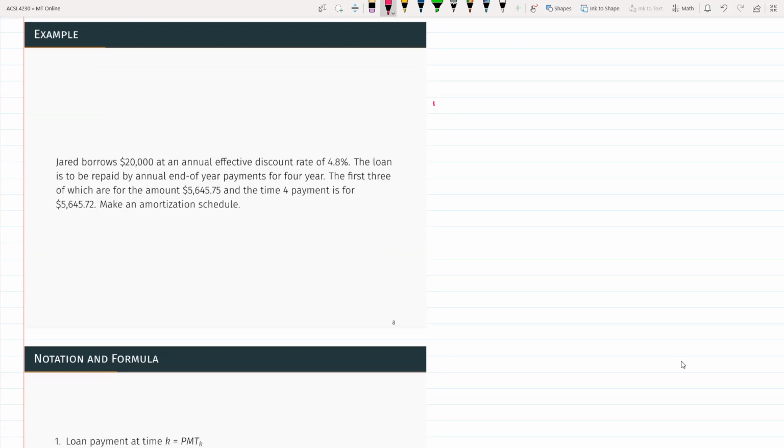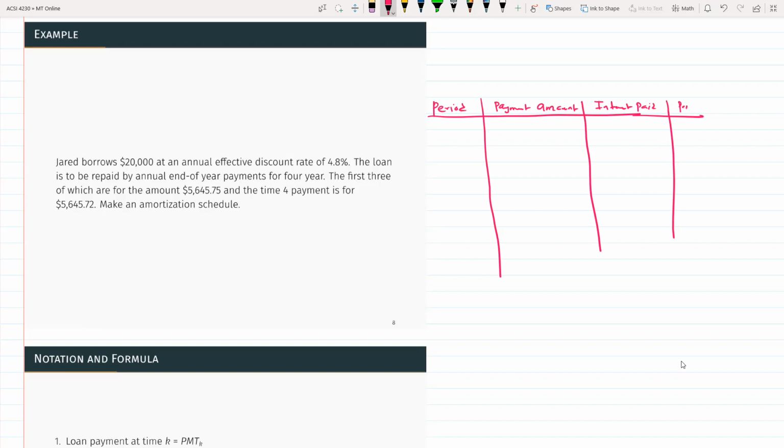So here I have the period. Here is the payment amount. Here is the interest paid. Here is the principal repaid.